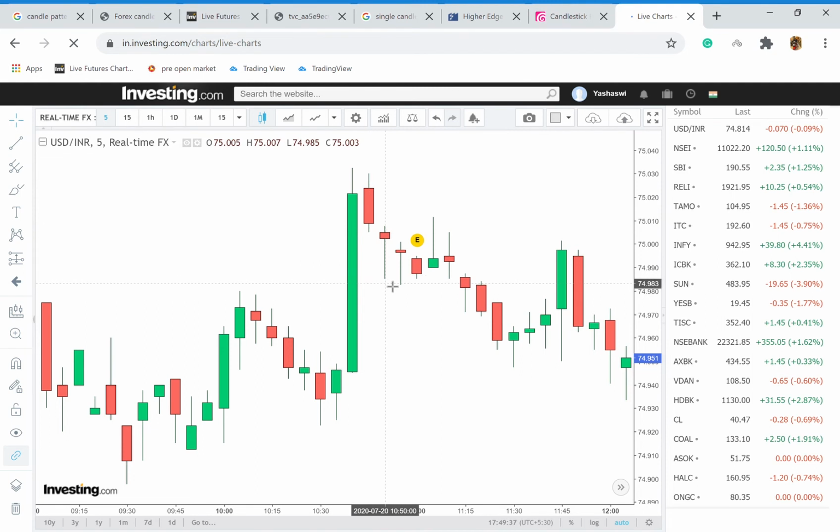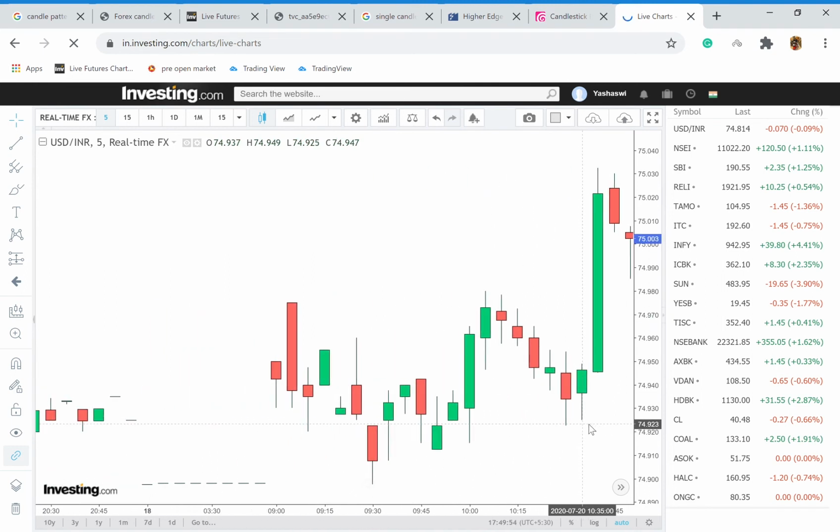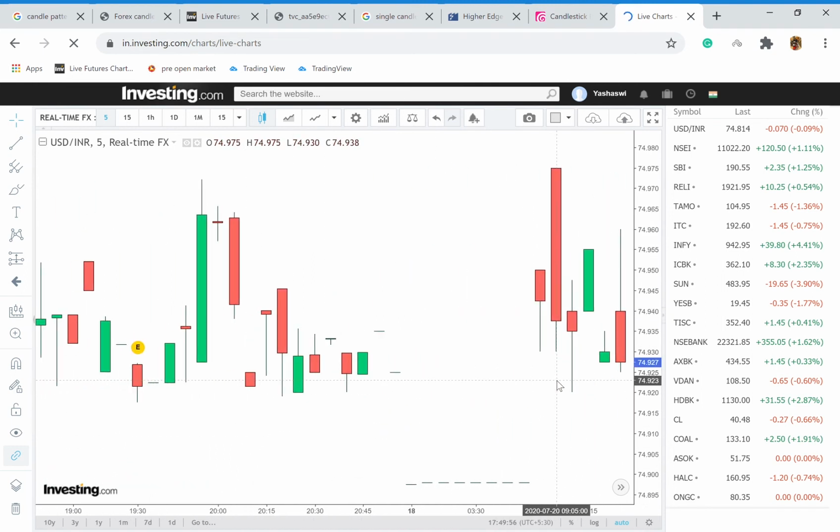There are several other kinds of candles you can see here. There's a hammer, an inverted hammer, a bullish inverted hammer, and a bullish hammer. And there is a candle with almost no body, which is called a doji. Here the wicks are dominating.